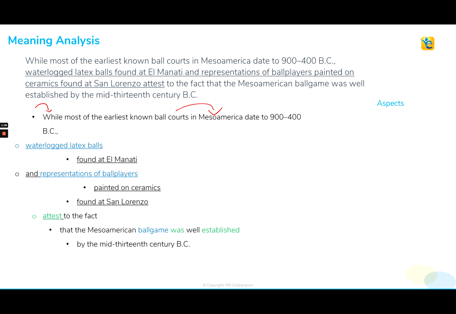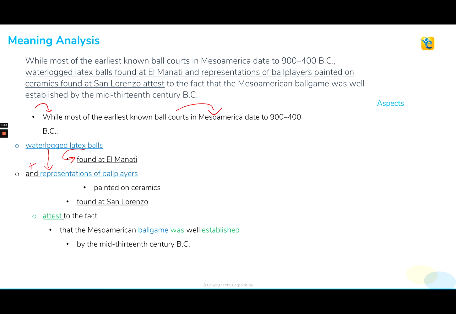Then I'm told about these waterlogged latex balls, and these balls are found at El Manati. Okay, so now I know where these balls are found, at El Manati, and representations of ball players. Okay, so this and is like a plus sign here. So I've got the joining of these waterlogged latex balls and these representations of ball players painted on ceramic.